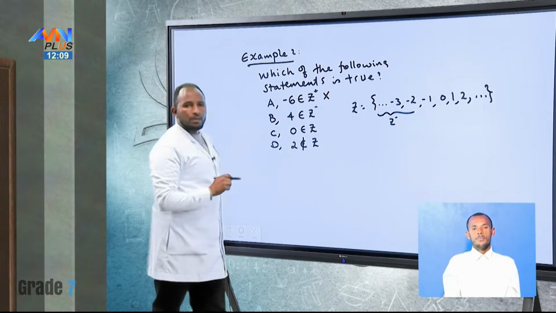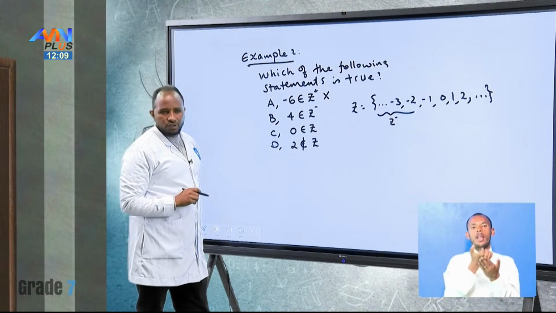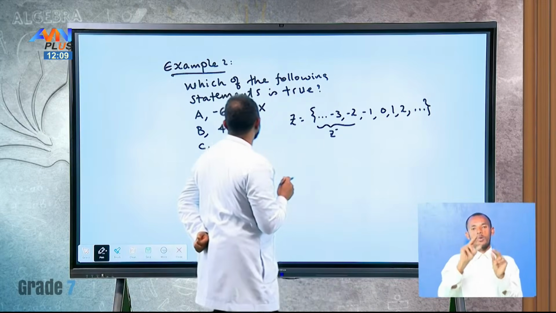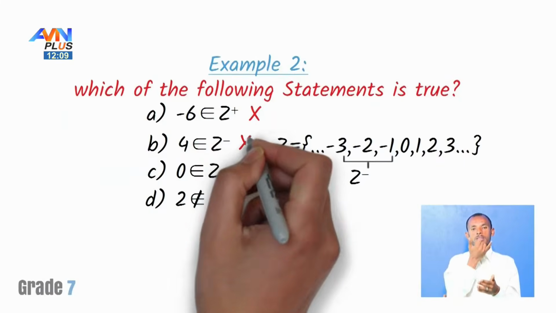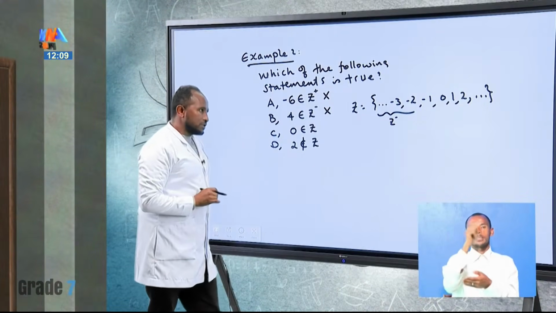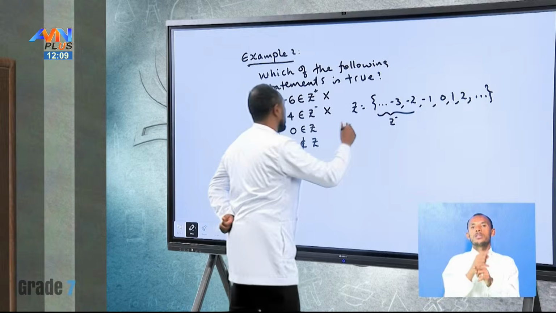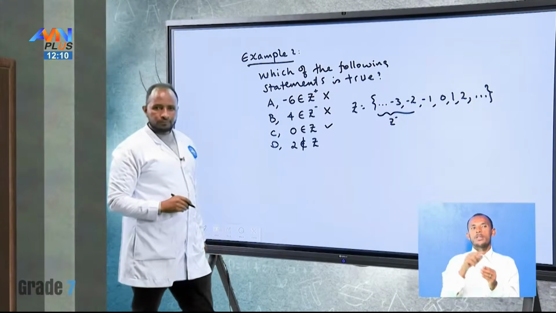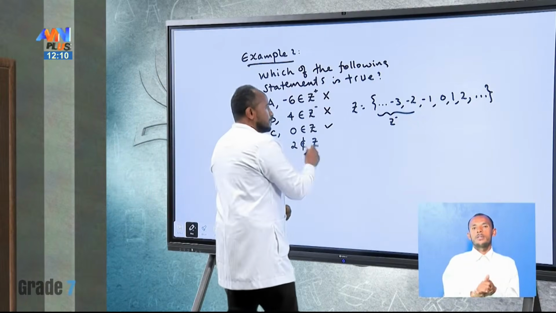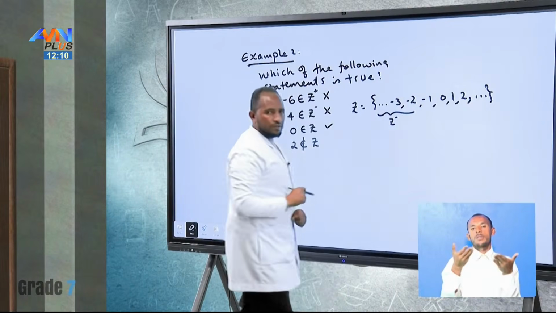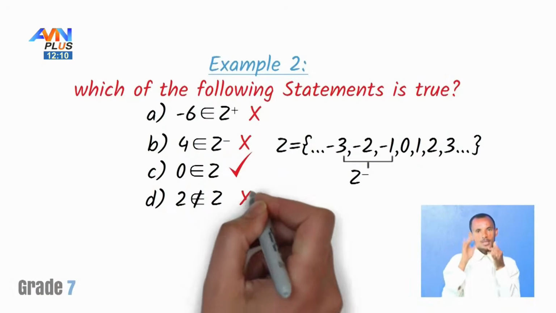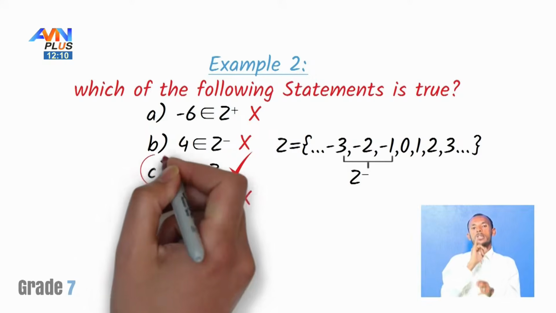Let's see B. 4 is an element of the negative integers. You will find 4 in the set of positive integers, not negative. Therefore, 4 is not negative. This statement is also wrong. C, 0 is an element of Z. Yes, it's correct. 0 is in the set of integers. D says 2 is not an element of the integers. This is a wrong statement, since 2 is in the set of integers. Therefore, the correct answer is C.